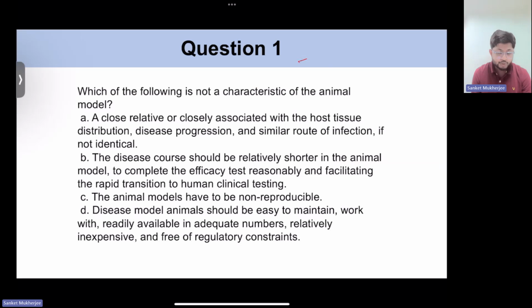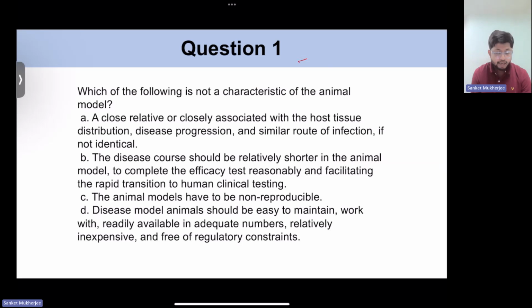Coming to question 1, which of the following is not a characteristic of the animal model? A close relative or closely associated with the host tissue distribution, disease progression, and similar route of infection if not identical. The disease course should be relatively shorter in the animal model to complete the efficacy test reasonably and facilitating the rapid transition to human clinical testing.